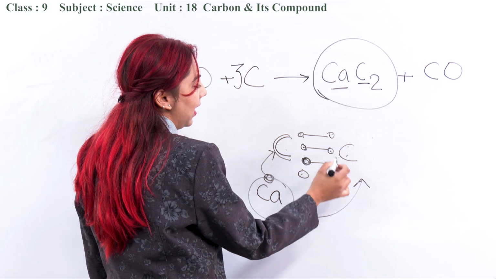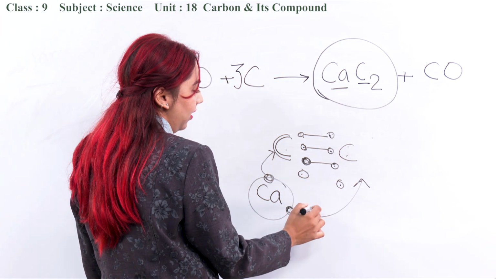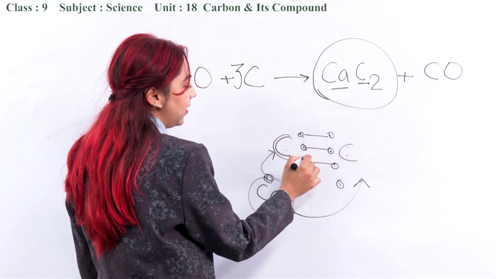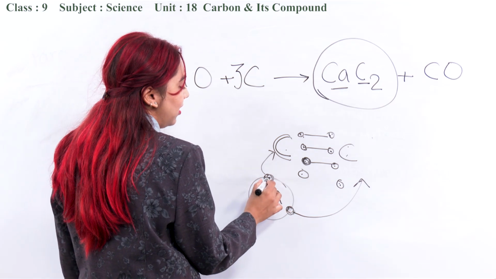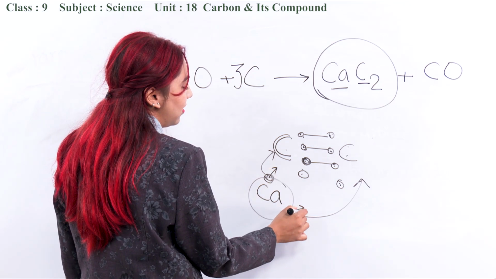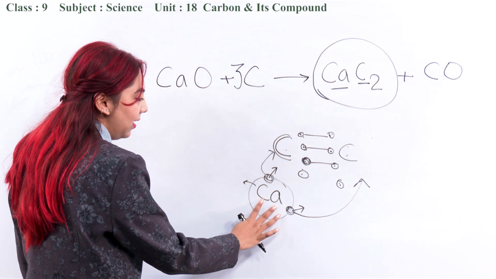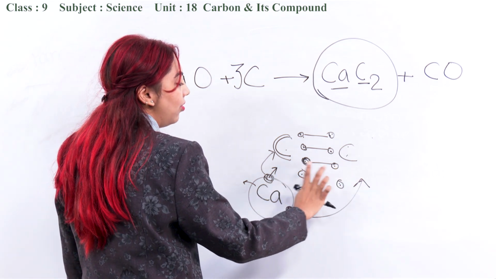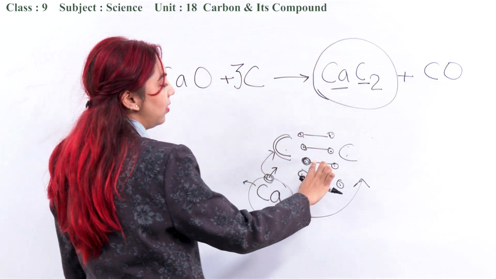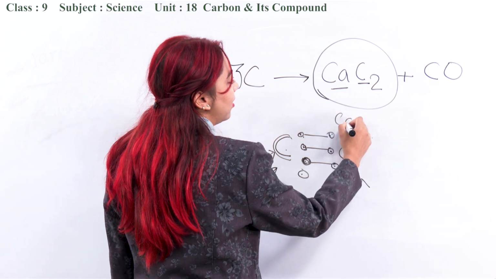This carbon also has 1, 2, 3, 4, 5, 6, 7, 8. And calcium, since it loses 2 valence electrons from its outermost orbit, reaches the stable octet state. And these 2 carbons also reach the stable octet state. So this is the structure of calcium carbide.